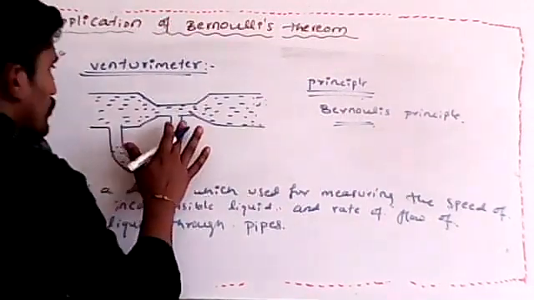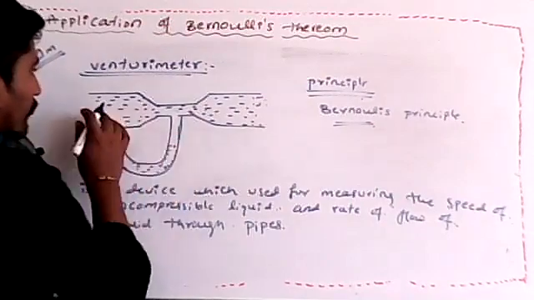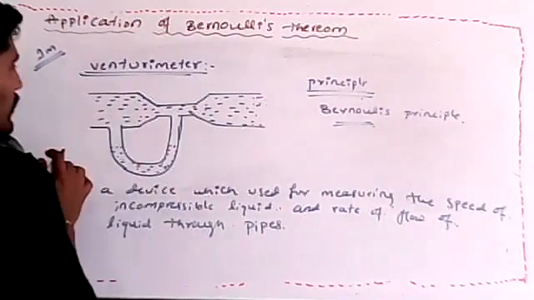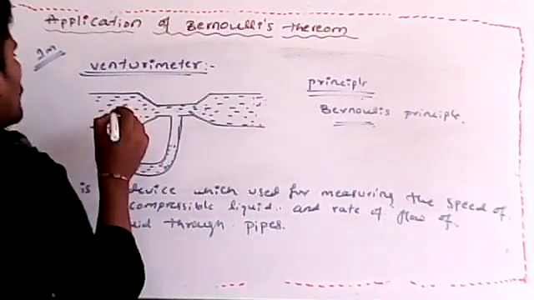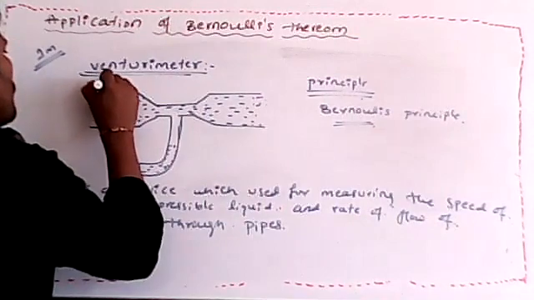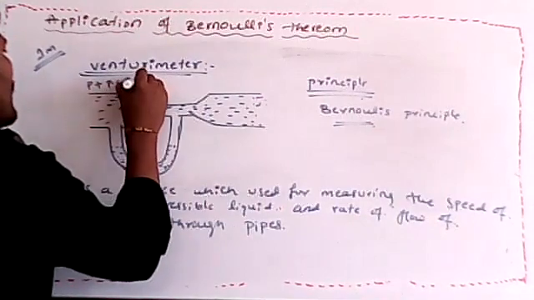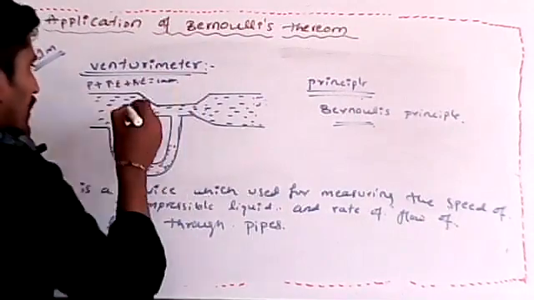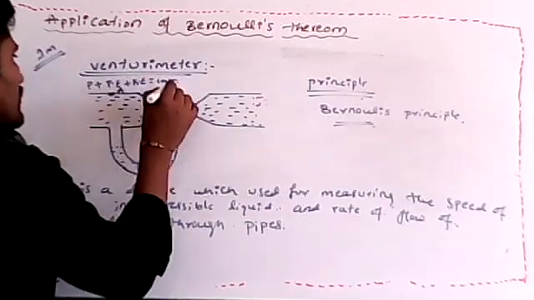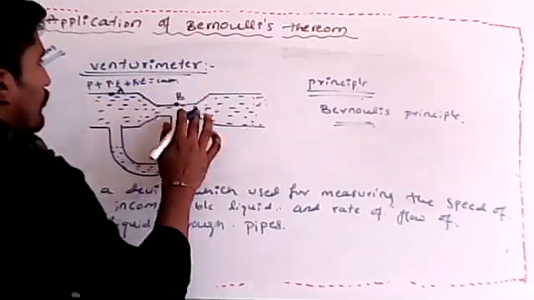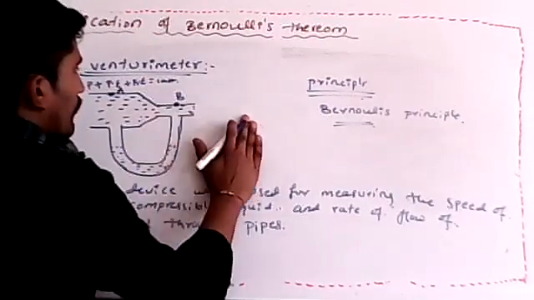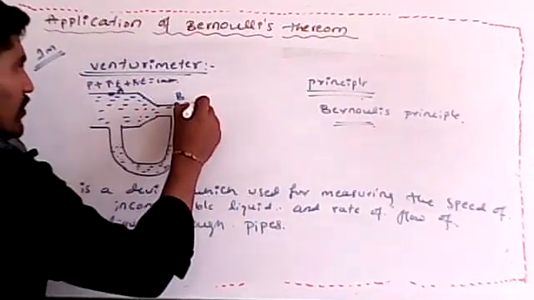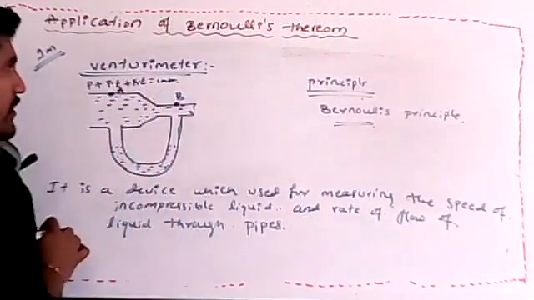Just try to understand, students, in this particular case. Venturimeter, how does it work? For example, in this case, the area will be more here. According to Bernoulli's principle, pressure energy plus potential energy plus kinetic energy per unit mass remains constant. But remember, this is one point, and if I consider another point, the area of cross section varies here. The area is very less here and more here.